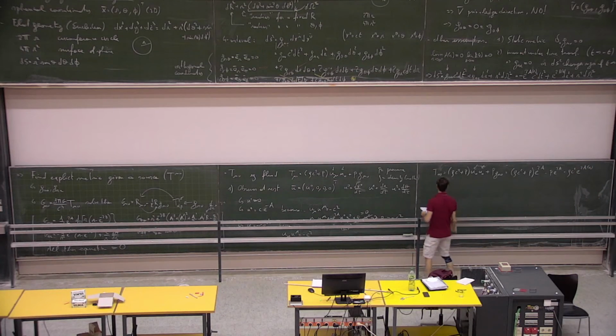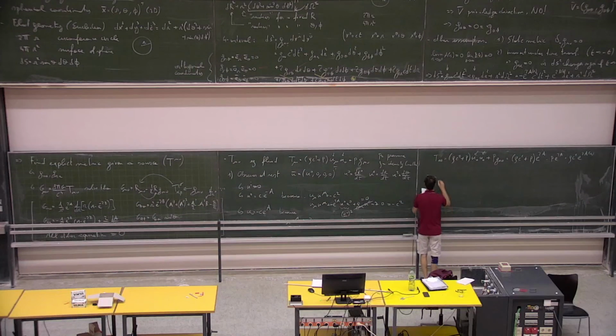And then we do exactly the same for the other components. So you see it's very simple steps. And with that, you arrive at TRR equal to P e to the 2b of r. T theta theta is equal to P r squared.